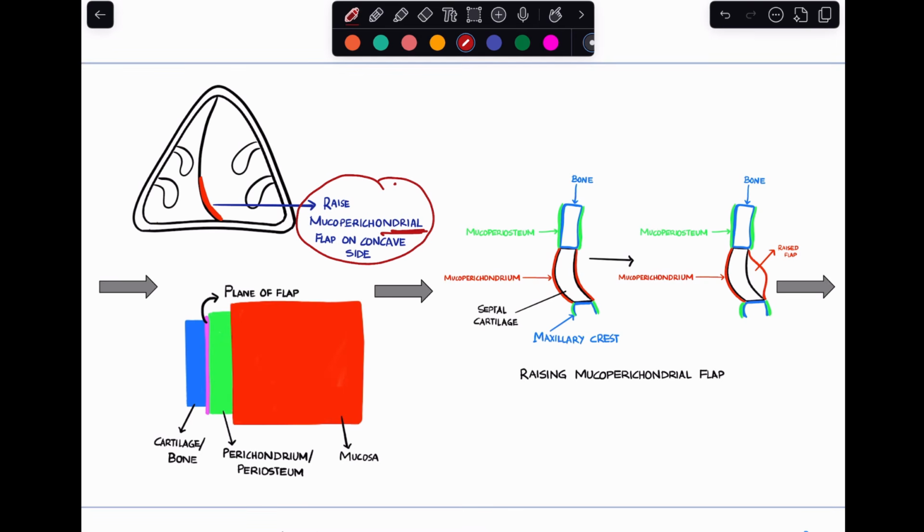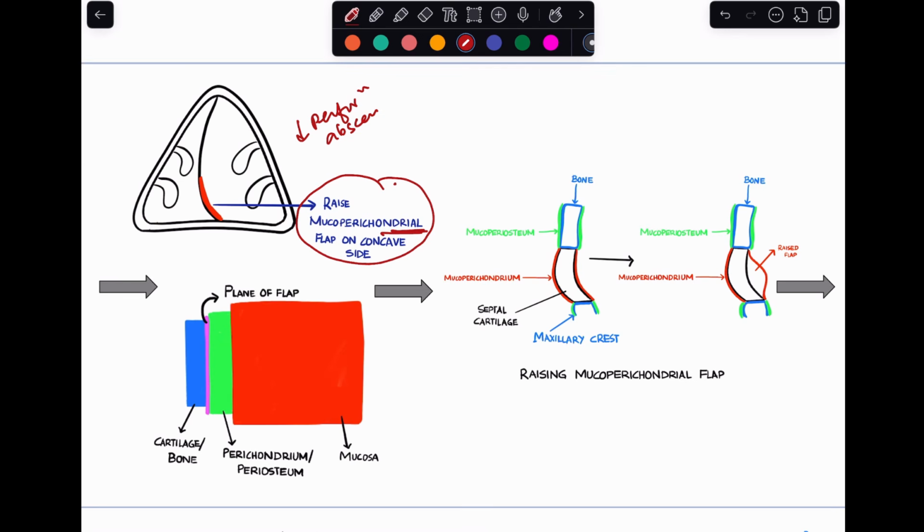If you end up elevating on both sides, there are more chances of injury to the mucosa. Second, this will also reduce the chances of developing any septal perforation or septal abscess or hematoma. So we are basically trying to preserve the flap on one of the sides.